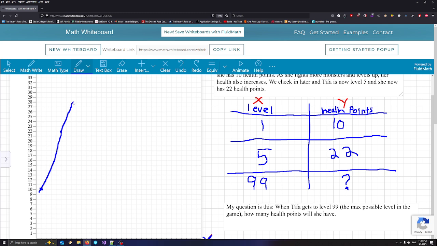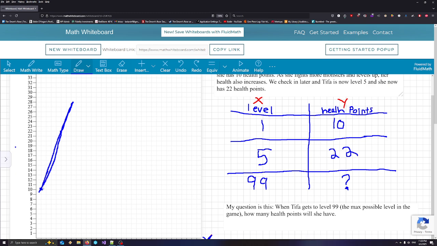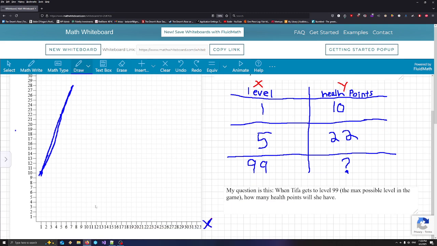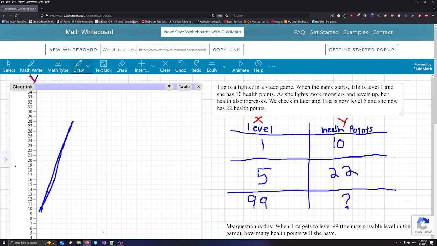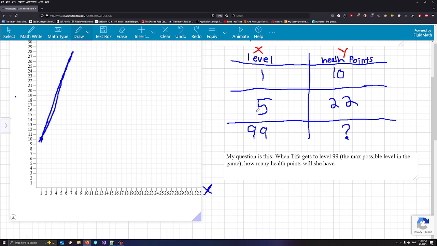As you can see, you can imagine me drawing a straight line between these points. You can extend this all the way up to 99, and you'd be able to follow it on the graph. But we could also make an equation that just answers it for us, and that's where the y equals mx plus b comes into play.